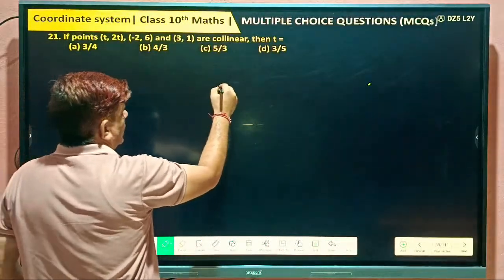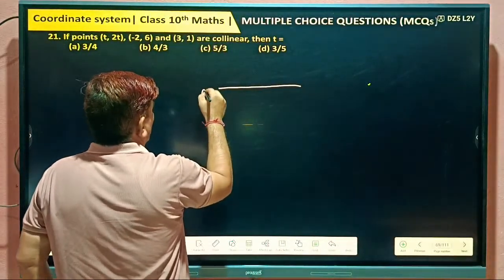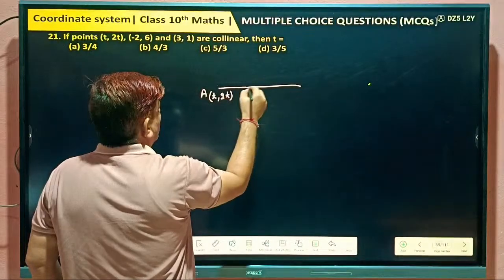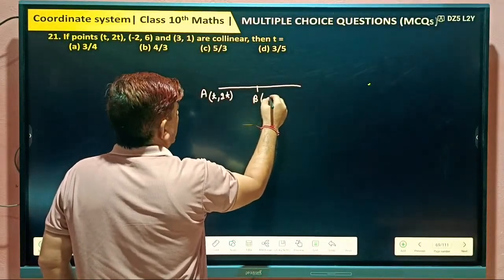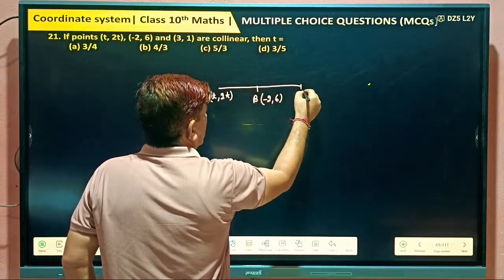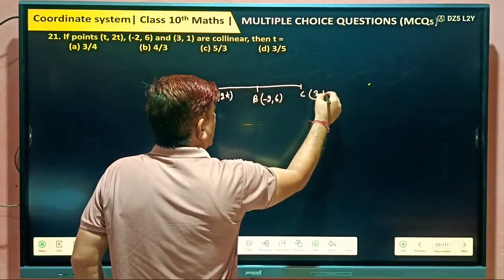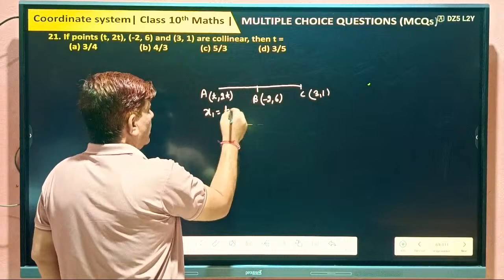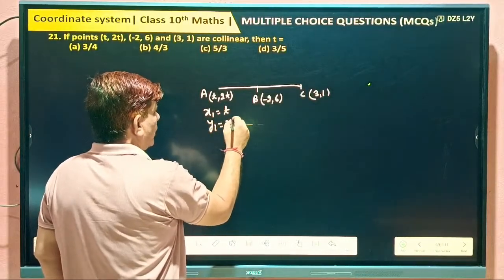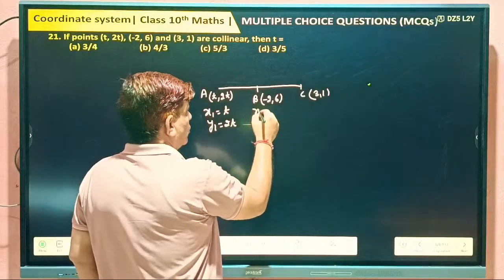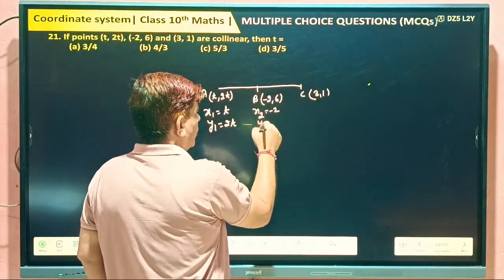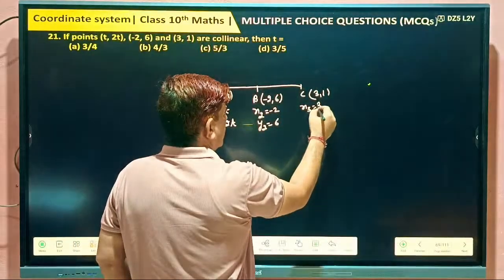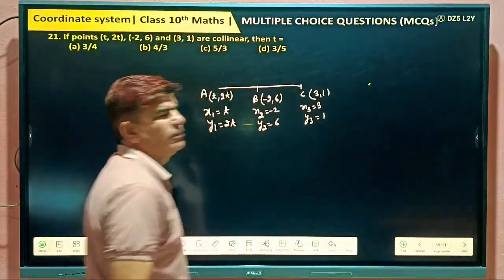We have a line segment: A, whose coordinates are (t, 2t), then B, whose coordinates are (minus 2, 6), and C, whose coordinates are (3, 1). So x1 equals t, y1 equals 2t, for B, x2 equals minus 2, y2 equals 6, x3 equals 3, y3 equals 1.